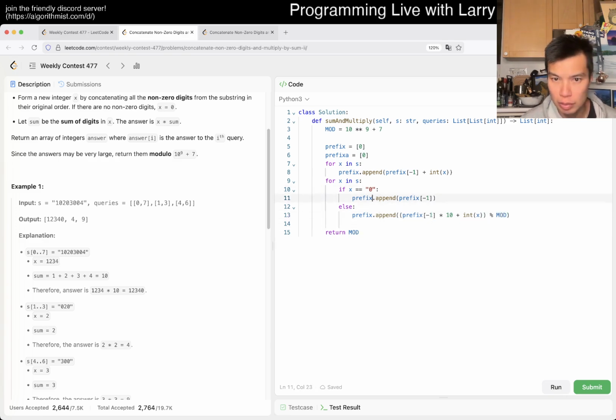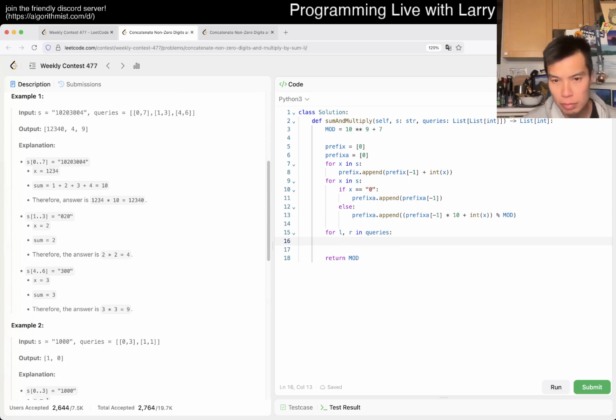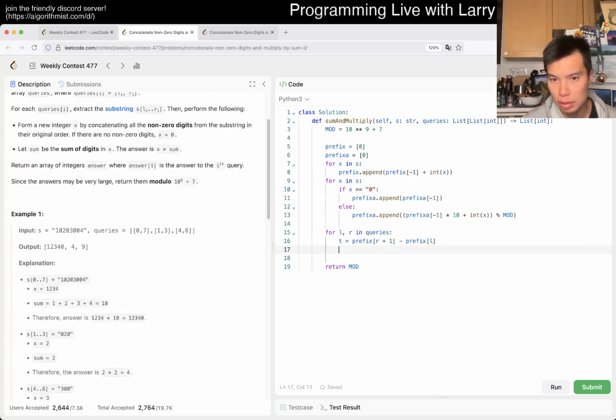The other one. No, two loops is fine. No, we have to fix this though. And then that's the sum, right? And then you have the digits.